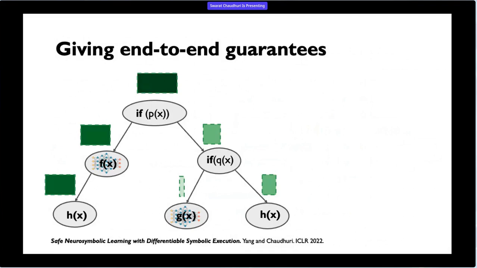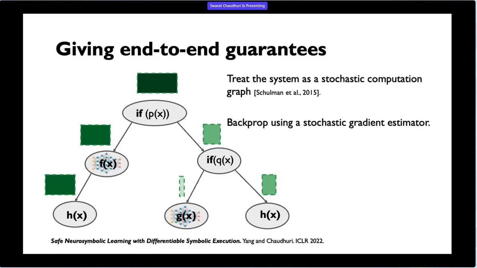One of the strategies you could take is that you would take these if-then-else's, which are the discontinuous bits of the program, and approximate them by probabilistic computations, which allow pushing back of gradients. That sounds very abstract, but I can go into details offline if you're interested. And there are other strategies too. There are other ways by which you can approximate discontinuous program statements by smooth statements.